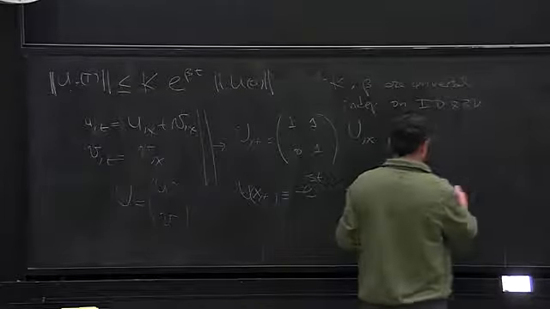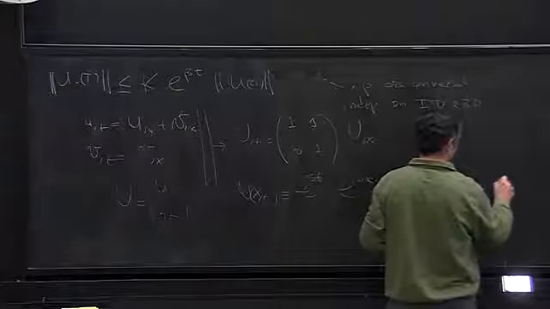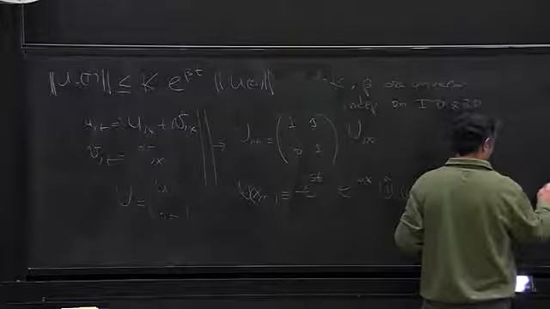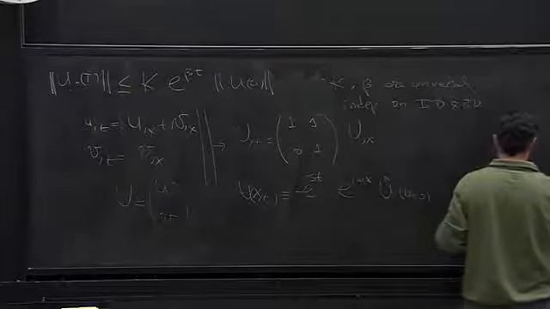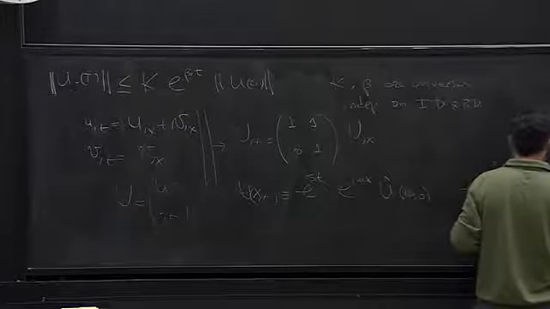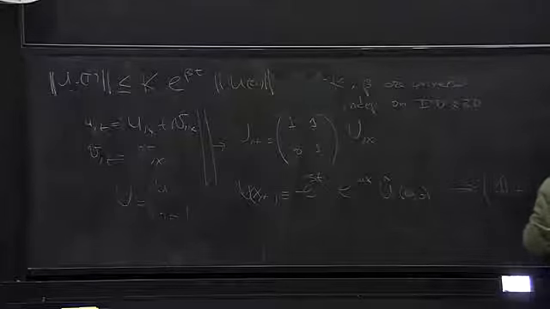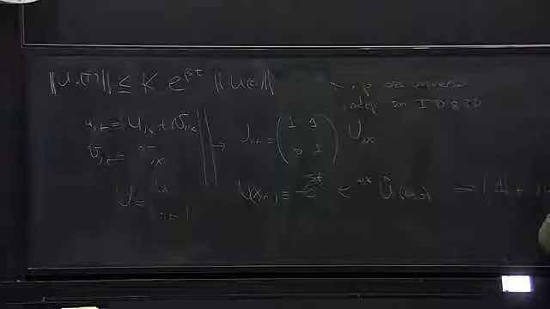So the solution can be written in the following form: the identity plus i omega times the matrix 1, 1, 0, 1 times t, times e to the i omega t plus x.